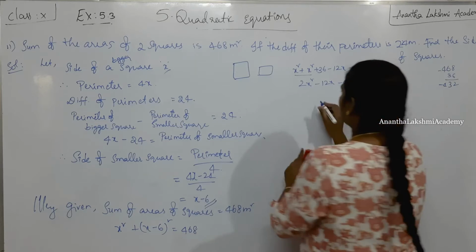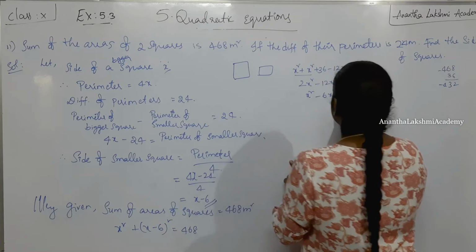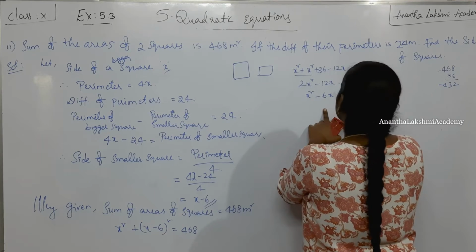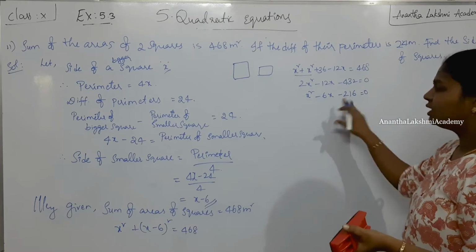Let me take 2 common, that way it becomes x square minus 6x minus 216. Now it is time for us to figure out the factors.